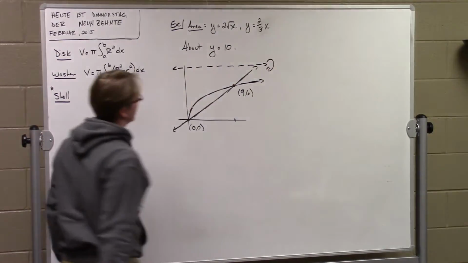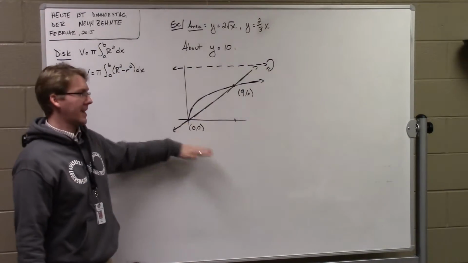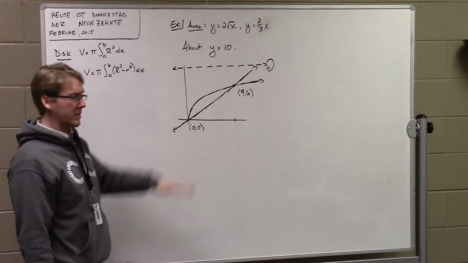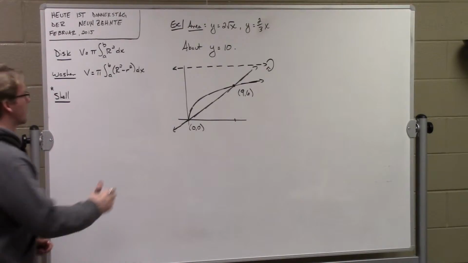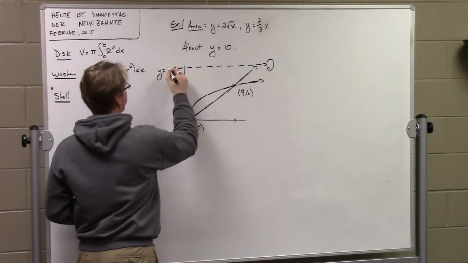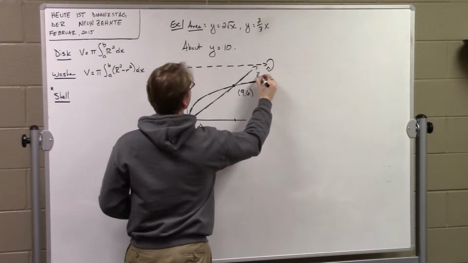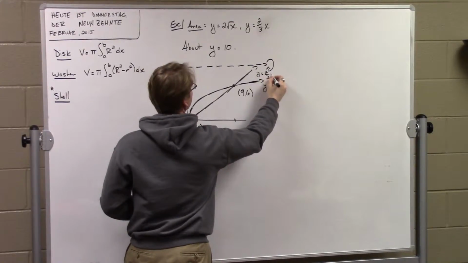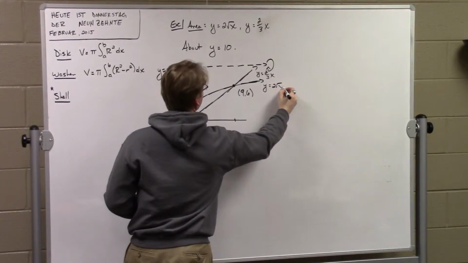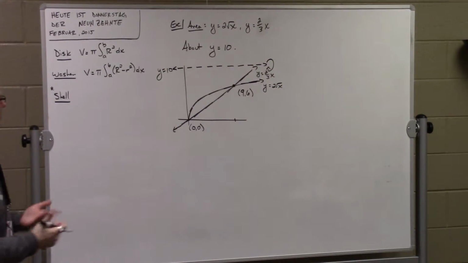Alright, so in theory, if this is an x-axis rotation, you need to think of it like that. It's a good old y equals 10 up here. Here's the line y equals 2/3 x, and here's y equals 2 root of x. Okay, pretty straightforward.